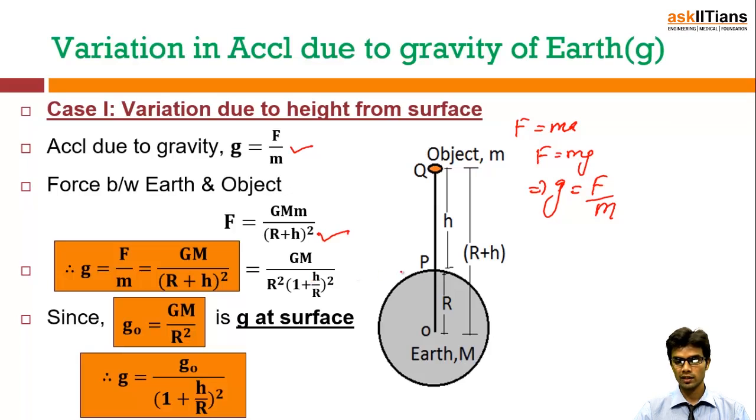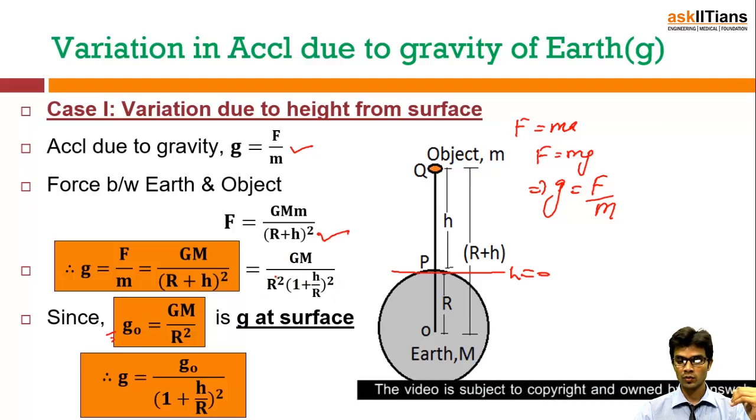If we want to find acceleration due to gravity of the earth on the surface of the earth, here h is equal to 0. So put h equal to 0 to find acceleration due to gravity at the surface. So g naught is equal to GM by R square. This is the special case, acceleration due to gravity of the earth on the surface. But acceleration due to gravity of earth at a particular height h from the surface of earth is given by g is equal to GM by R square into 1 plus h by R whole square.